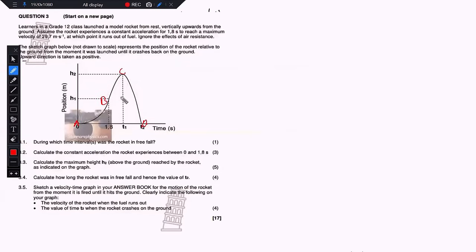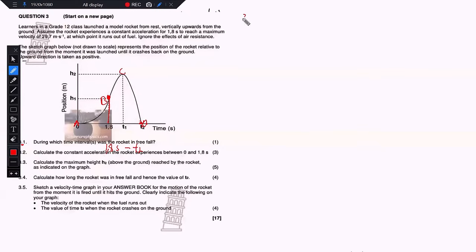Now, if we are to check between B to D here, the whole distance between B to D, this is where we said this is moving in free fall, because we were asked that same question, 3.1. They said during which time interval was the rocket in free fall? And then we said 1.8 seconds to T2, right? So that's between point B all the way to point D, right?